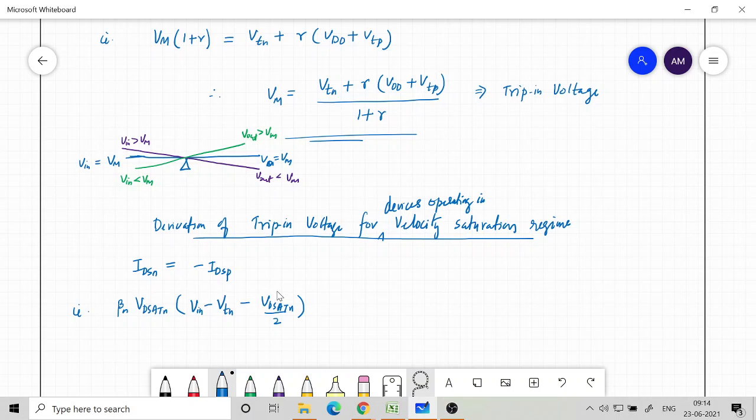Now to be more accurate, you have to add the channel length modulation here. You cannot really neglect it, but that is going to make the whole thing a quadratic expression, and then you have to solve the quadratic equation. You can still do it.